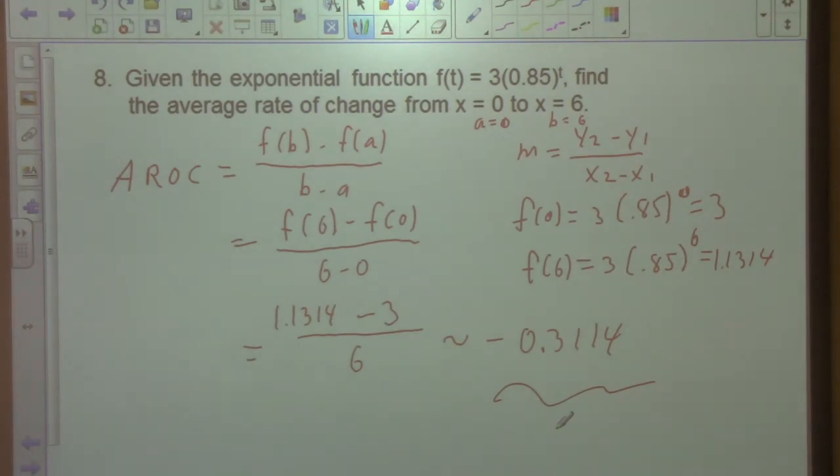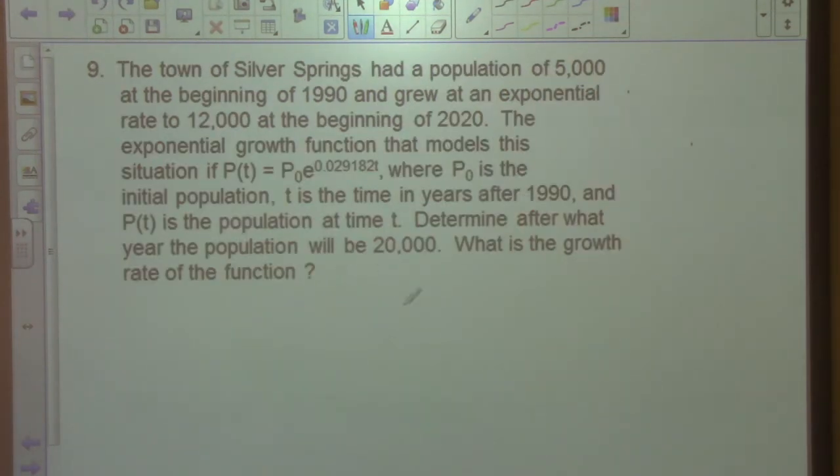Okay. Let's go to number 9. Now, number 9 introduces something we haven't covered in this class yet. In chapter 13, there are 4 sections. 13.1 has to do with geometric series and sequences. 13.2 is exponential growth.